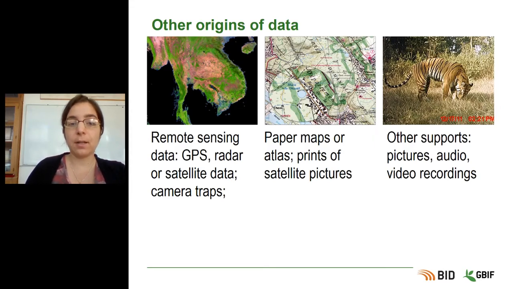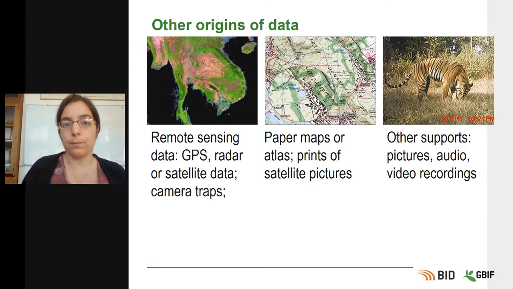So you can see here some other origins of data, such as remote sensing data, that are taken by GPS or radar or satellite, some pictures or audio recordings from camera traps, paper maps or atlas, and prints of satellite pictures, for example, and other supports such as pictures, audio, and video recordings, be it on camera trap or directly by you on the field with a digital camera.